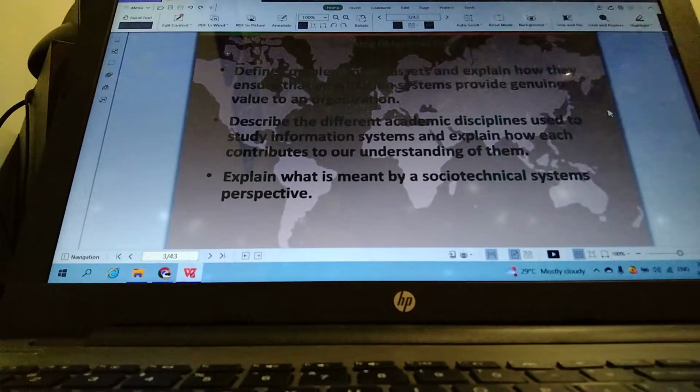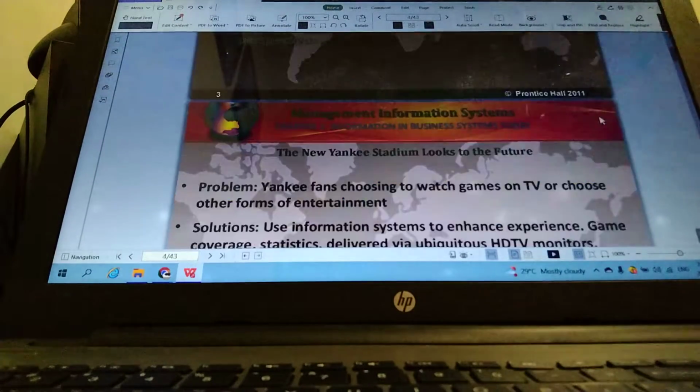We need to understand how each carries value to an organization. And last but not least, explain what is meant by the socio-technical systems perspective. We will have a quick discussion on what a socio-technical system is, especially at present day.